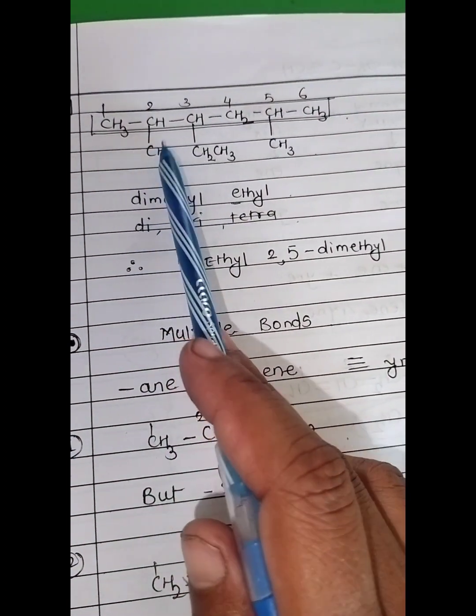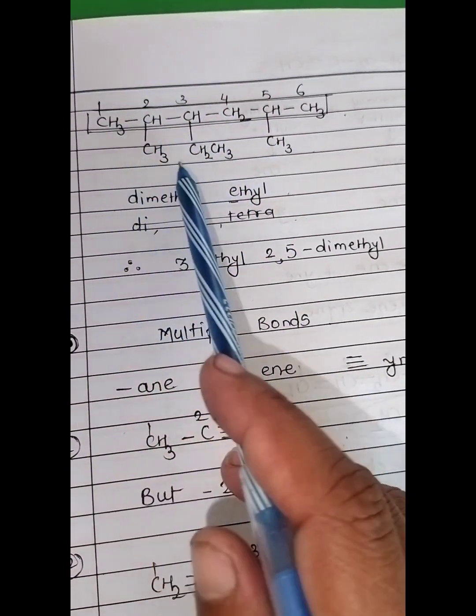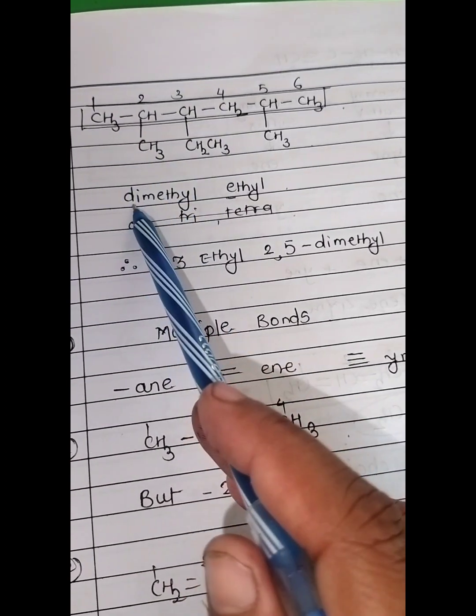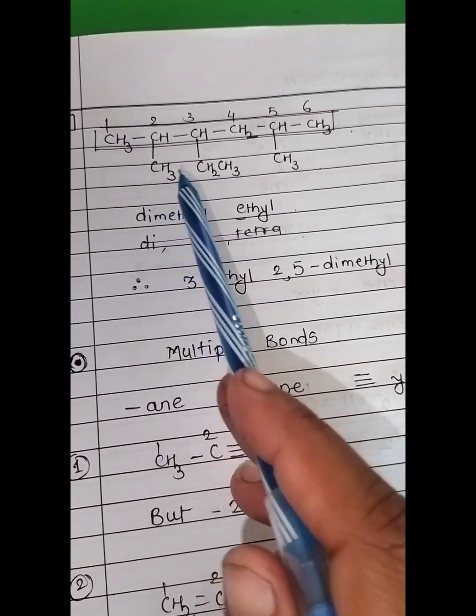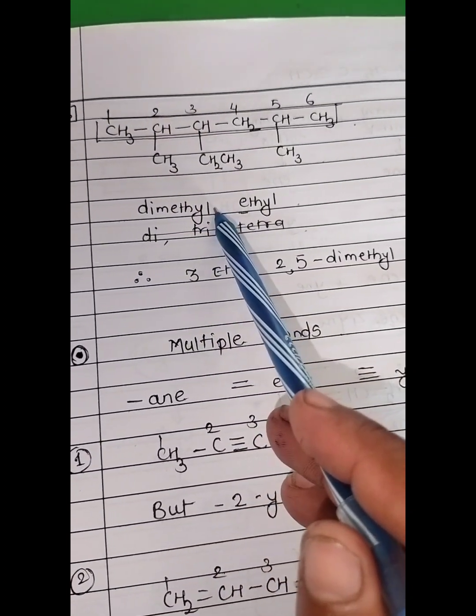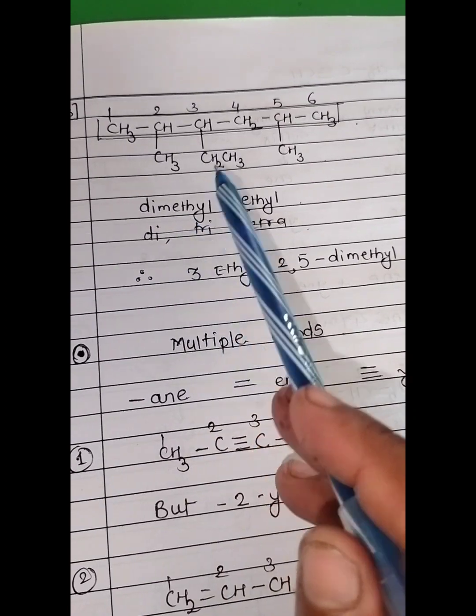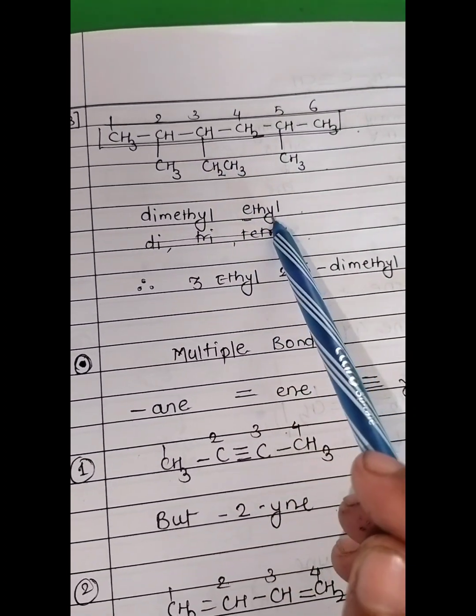So two methyl, because it is a substituent, so dimethyl, and this is the ethyl.